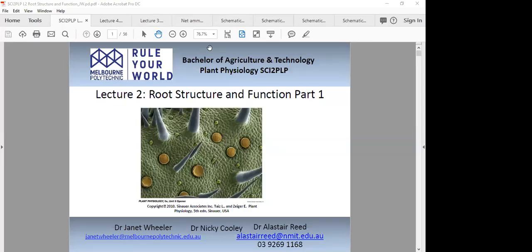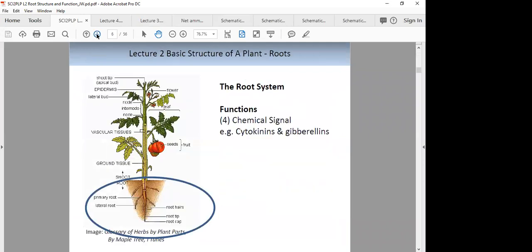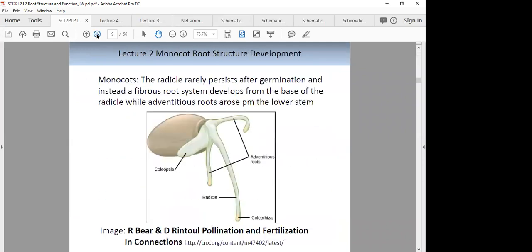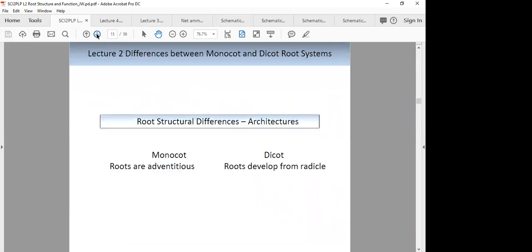So welcome to week 2 of plant physiology. During tonight's class, we're going to cover some of the important concepts, starting with our first lecture, which is actually lecture 2, root structure and function. So let me just skip ahead to slide 18.